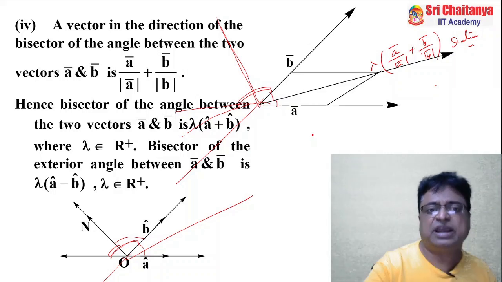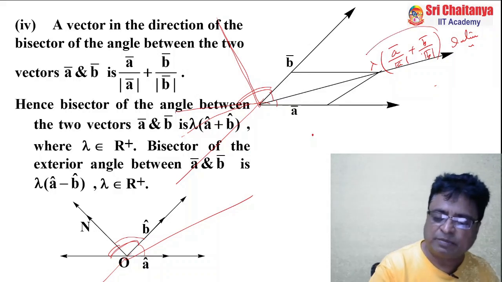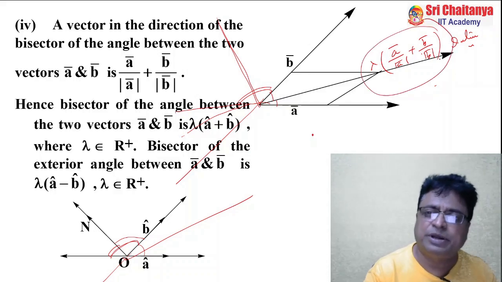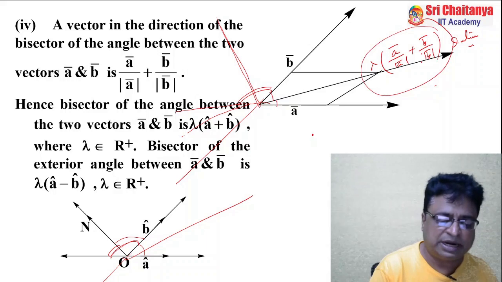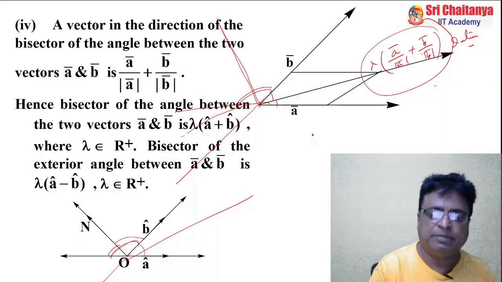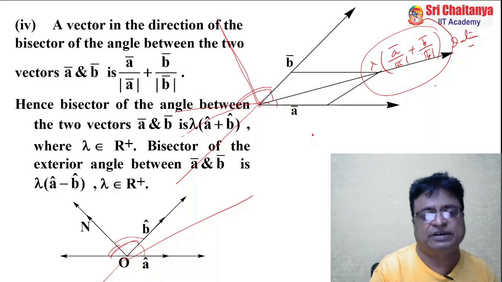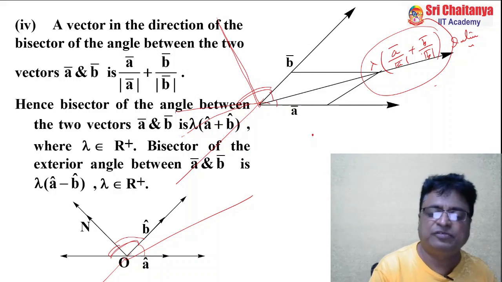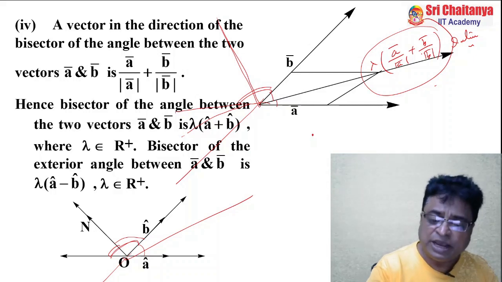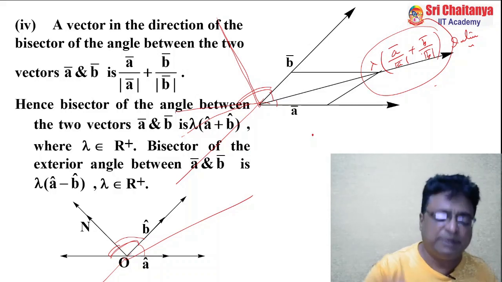The internal angular bisector formula is lambda into a bar by mod a bar plus b bar by mod b bar, and the external angular bisector formula is lambda into a bar by mod a bar minus b bar by mod b bar. Here a bar by mod a bar is the unit vector along a bar, and b bar by mod b bar is the unit vector along b bar. Their sum is the resultant of the unit vectors along a bar and b bar.